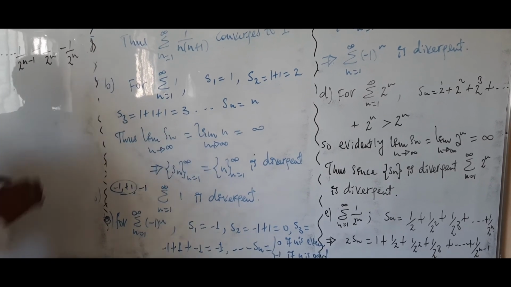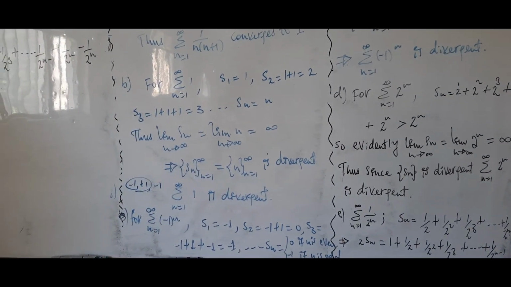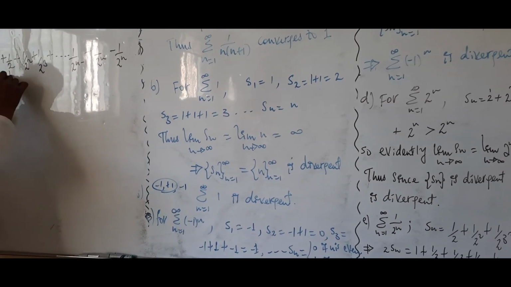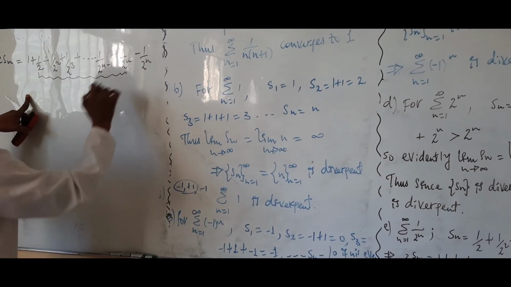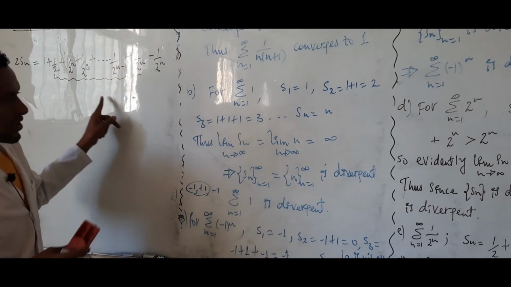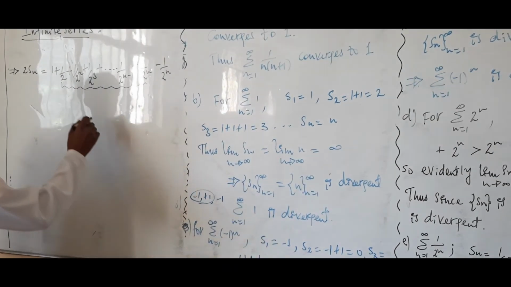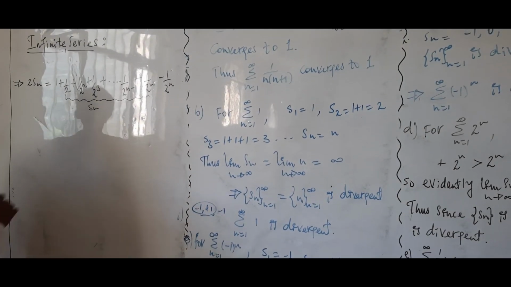But the sum from 1 over 2 up to 1 over 2 to the power of n is Sn.